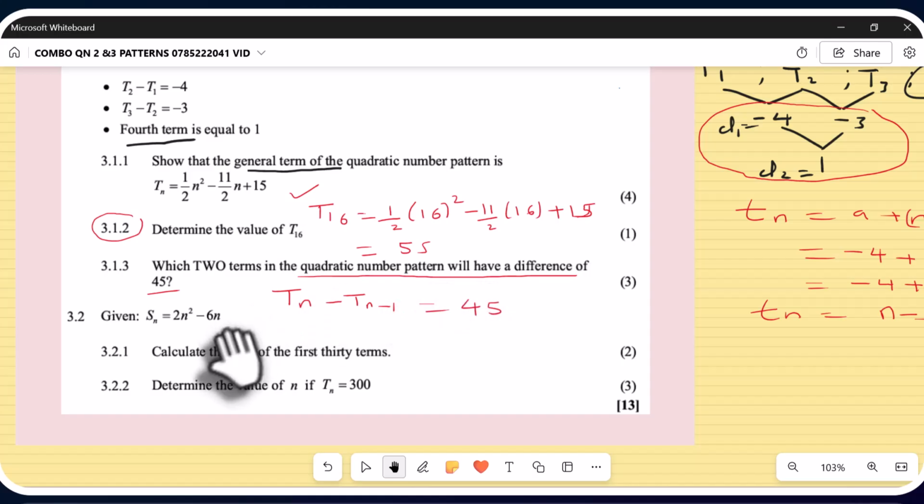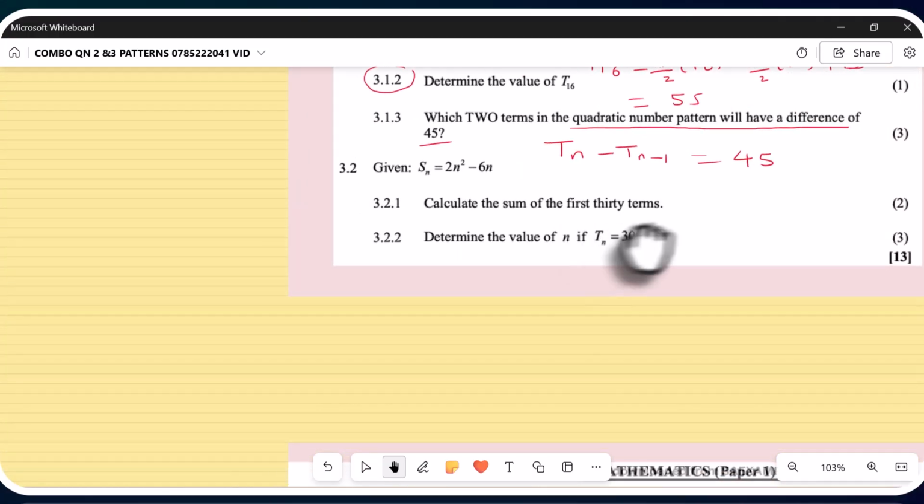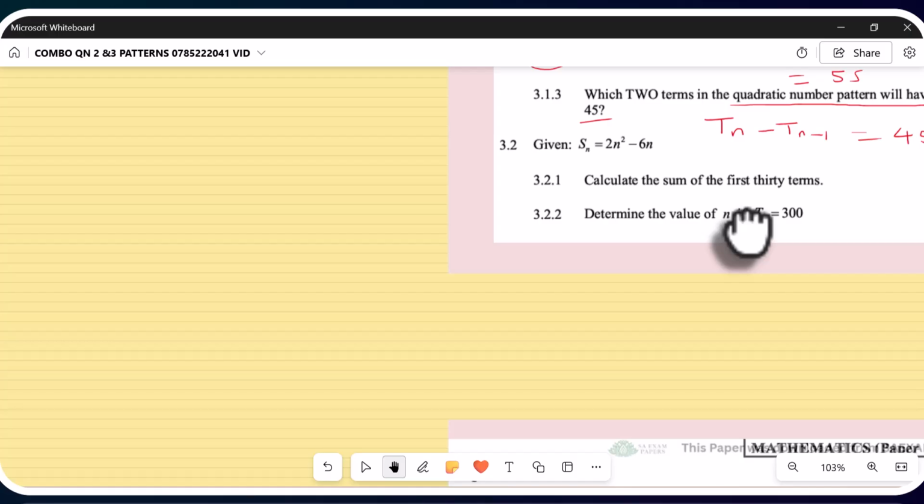For S30, we just substitute: 2 into 30 squared minus 6 times 30. On the calculator, that is 2 into 30 squared minus 6 into 30, and it gives me 1620. That's our answer here, 1620.